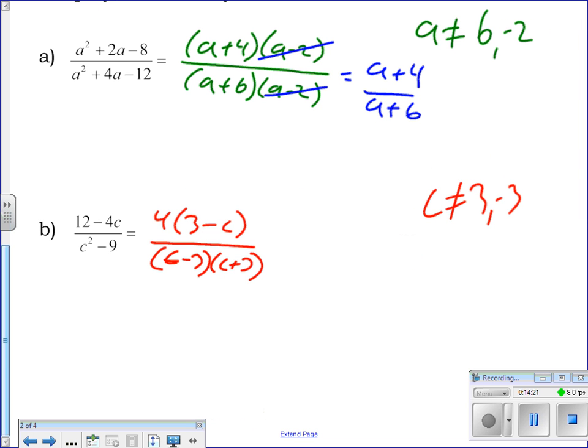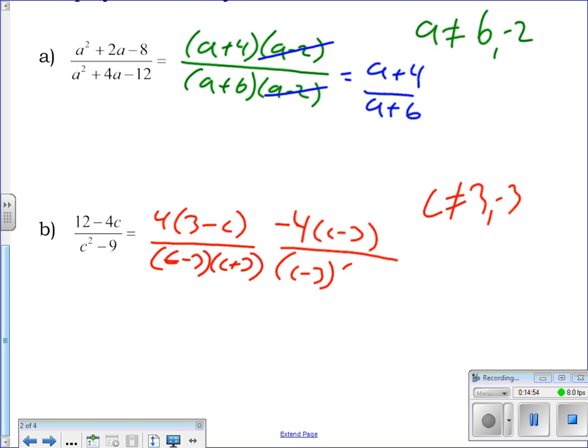What's the opposite of 3 minus c? c minus 3. I can change this, so I get 4 and c minus 3. But if I change this to the opposite, I need to bring a negative out front. If I have something that's the opposite of what I want, I can swap it, but I have to put a negative in front to deal with it. Okay?